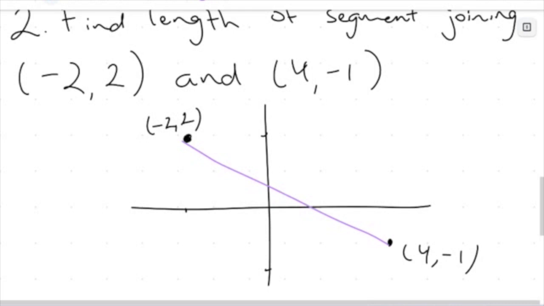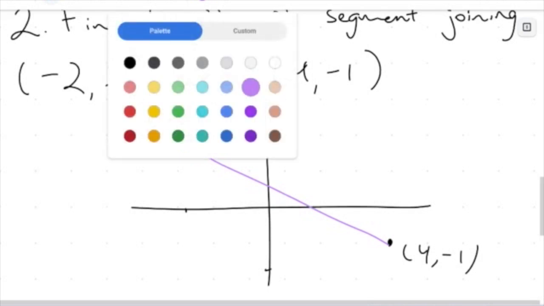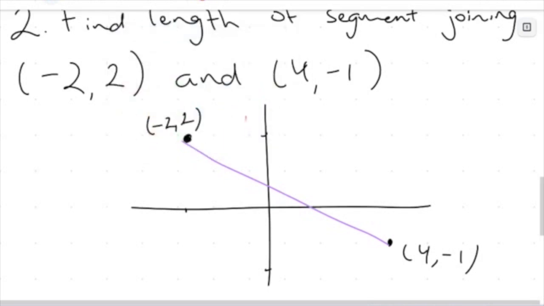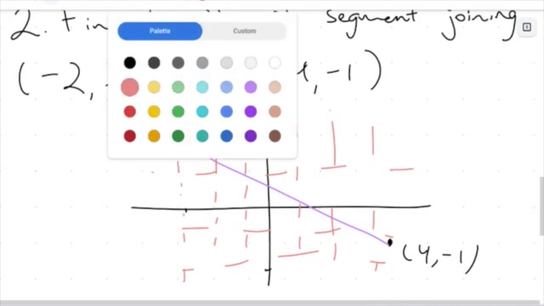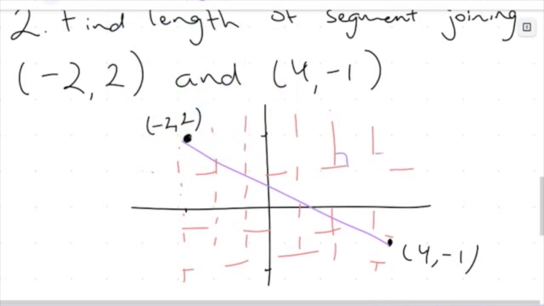Now, this is a lot harder to think about, right? Before, with midpoint, we could kind of reason out a good way to think about it. But this is a lot trickier. So we have to go back to this idea of my perpendicular grid lines that stretch all the way along here. If all of these grid lines are perpendicular to one another, they all make these 90-degree angles. Would you agree?